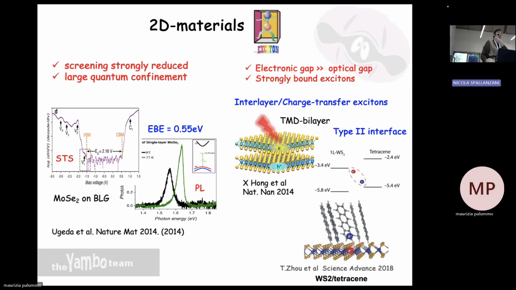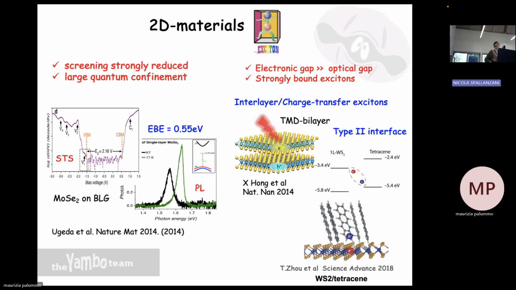Let me go to 2D materials, a field where these excitonic calculations are very important, because all the optical properties of 2D materials are related to excitons. In many materials, it is proved experimentally that if you measure the gap with scanning tunneling spectroscopy you get one value, but if you measure with photoluminescence, the peak is completely off from the gap.